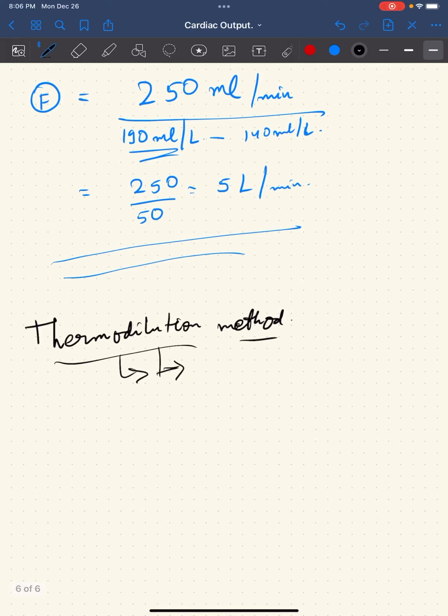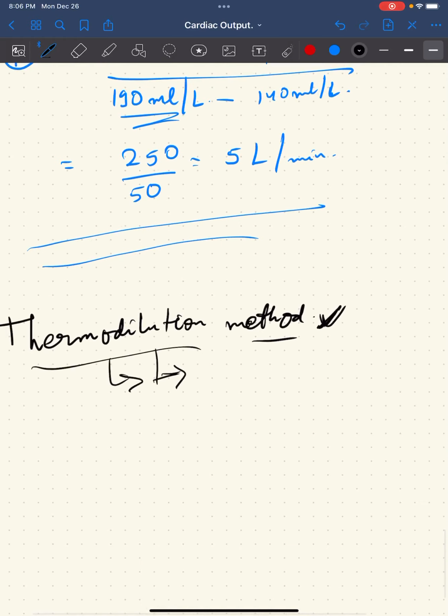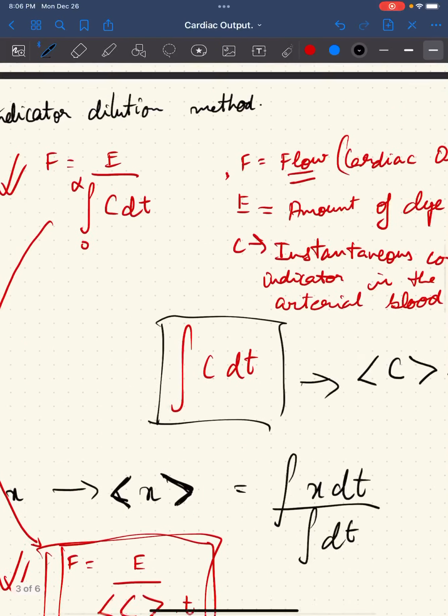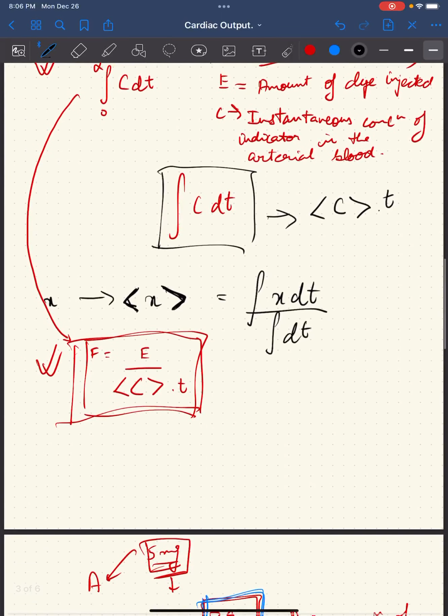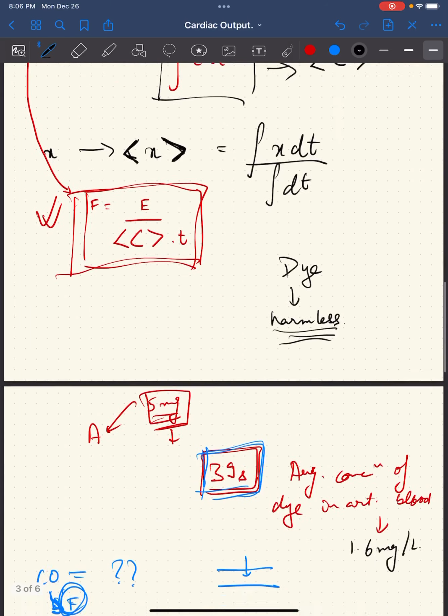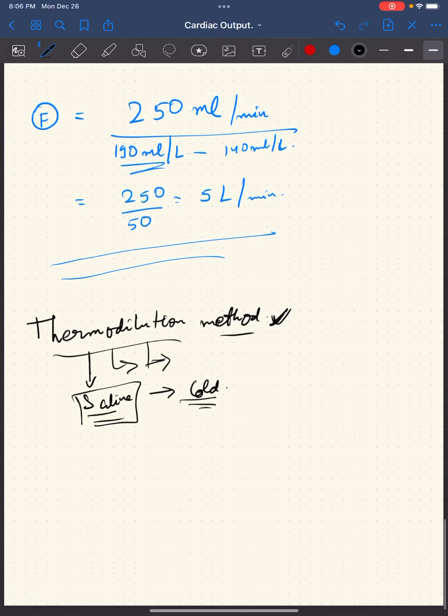A few things are asked, that why is thermodilution method better than indicator dilution method, right? So the thing is that in the thermodilution method, you are just inserting cold saline. Saline is basically harmless for our body, while here dye is added, and the dye is also harmless, but it has been added exogenously, and is not present in our body as such.